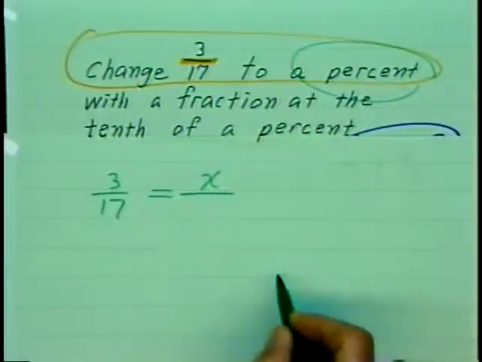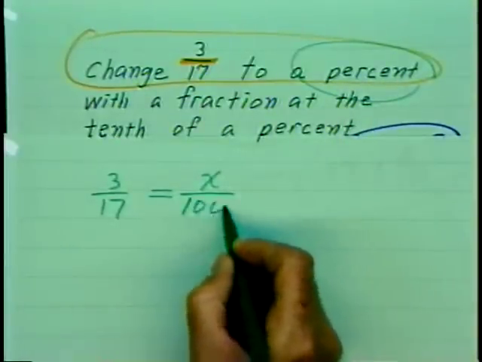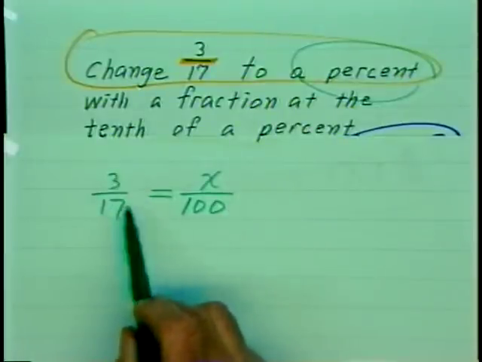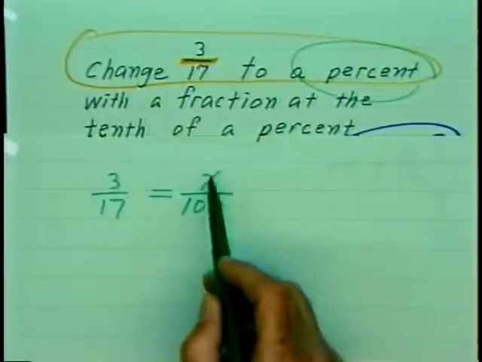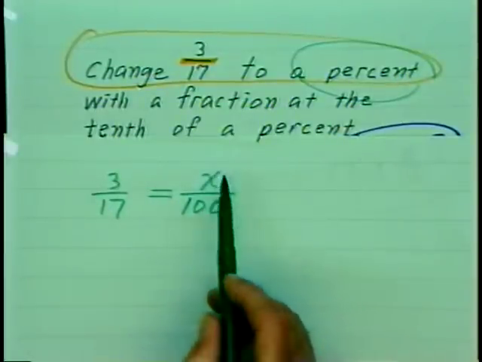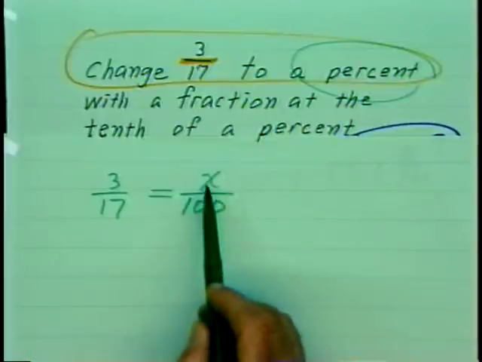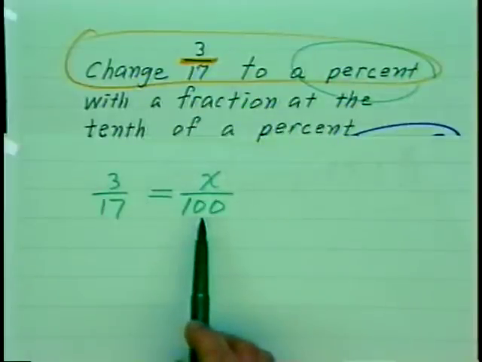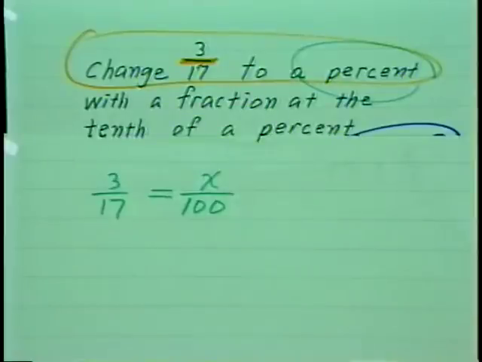Well, there's my per, and there's my cent. 3/17 is what percent? And I know that when I get done, this will be a percent because that's exactly what I'm asking.